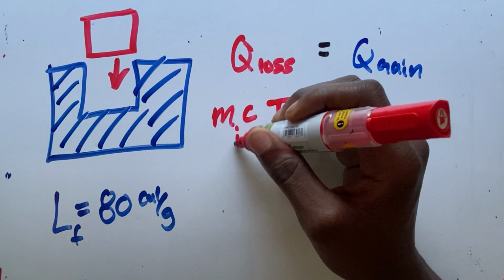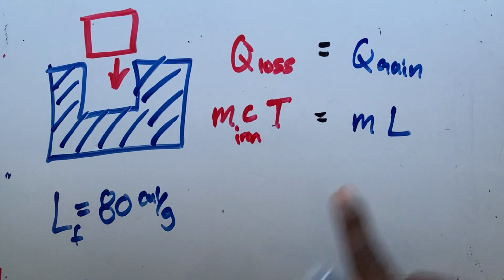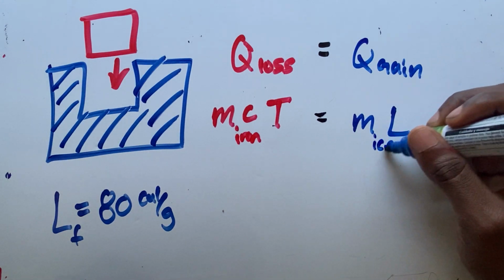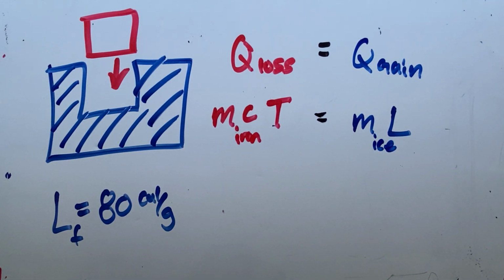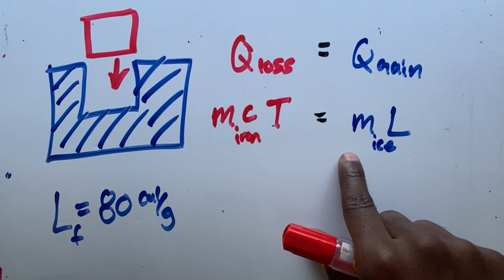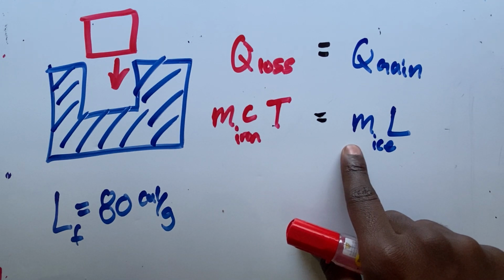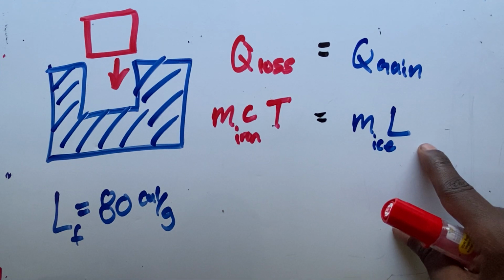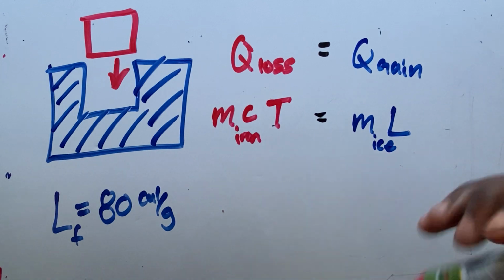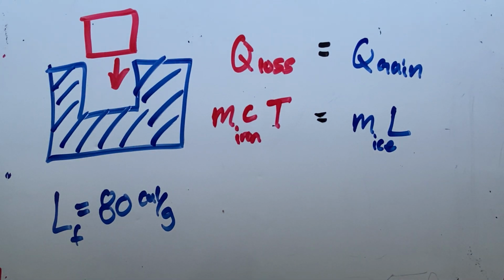So this is for mass of the iron, and then this M is for the ice. Boom. So now we can actually solve for how much ice is going to be melted, because we know what this L is. So now we can solve for what that mass M for the ice is going to be.